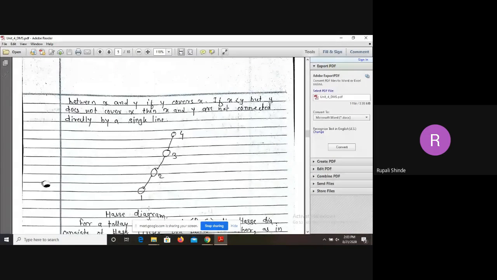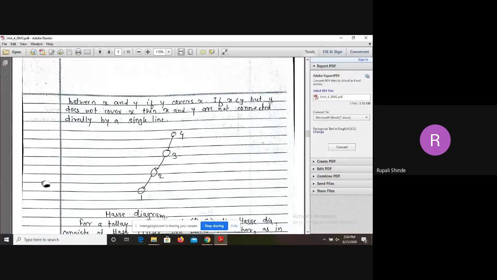Okay, so consider here 4 elements are given, so this should be represented by 4 circles. Now consider this relation is less than. So 1 is less than 2, that's why 1 is below 2, and these two are connected by a line because they satisfy the given condition, that is less than.